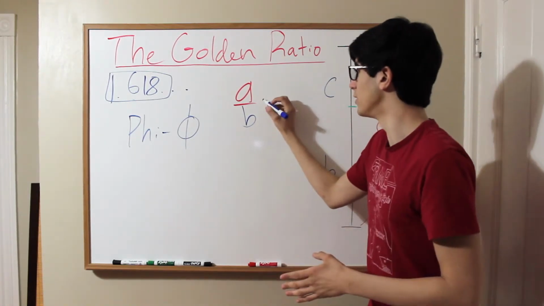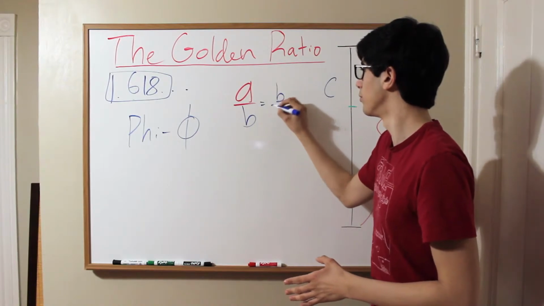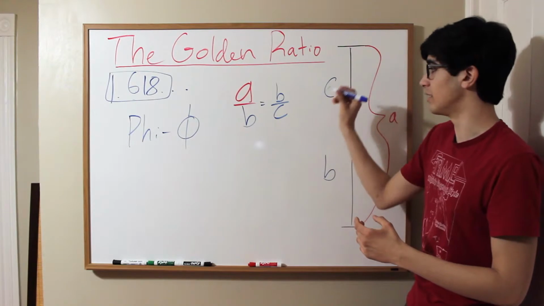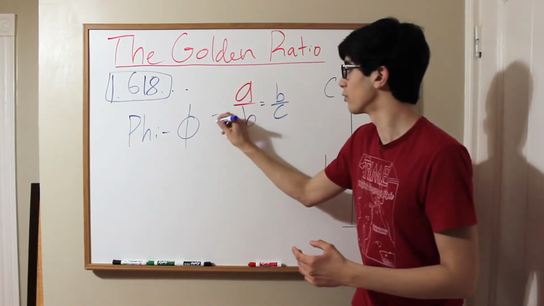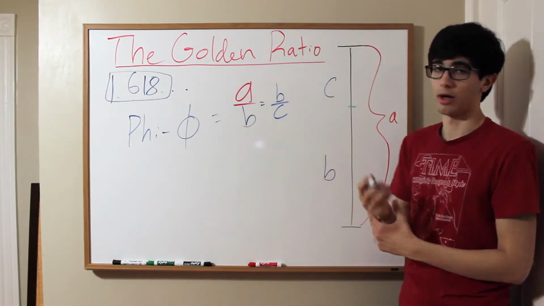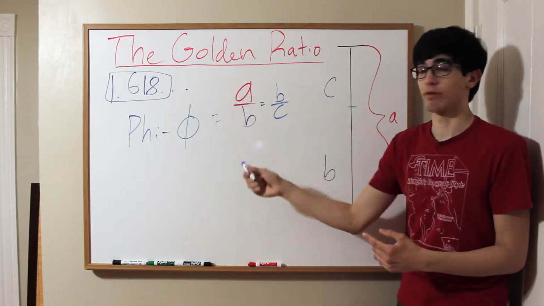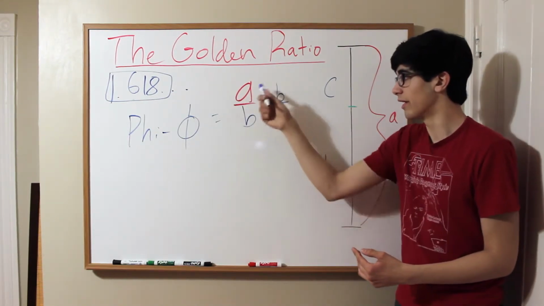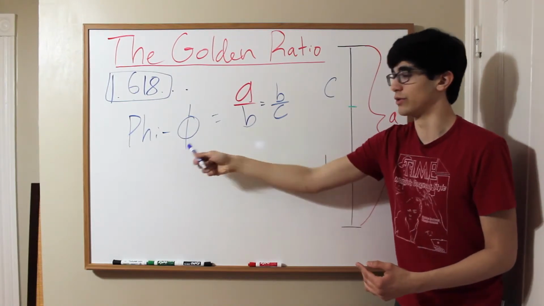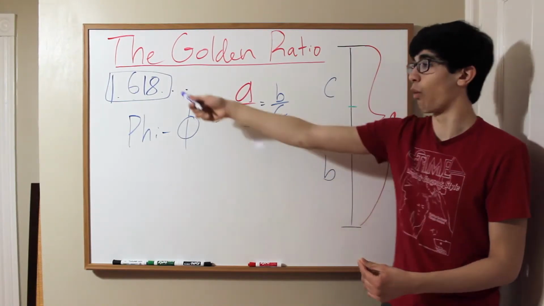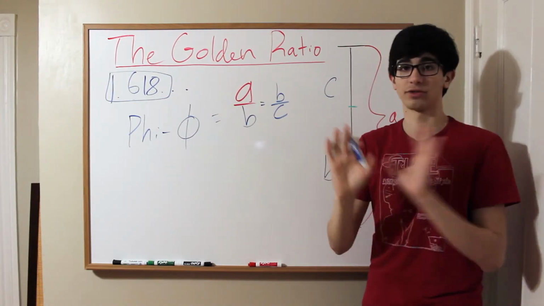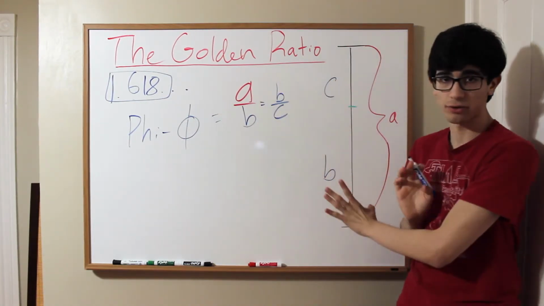This ratio of A to B is equal to B to C. And when A divided by B is equal to B divided by C, the golden ratio is present. These two are ratios, right? A divided by B is a ratio, B divided by C is a ratio, and when they're equal, they're both equal to this golden ratio, or 1.618, phi. Now this is a general scenario, and that's how we define the golden ratio.